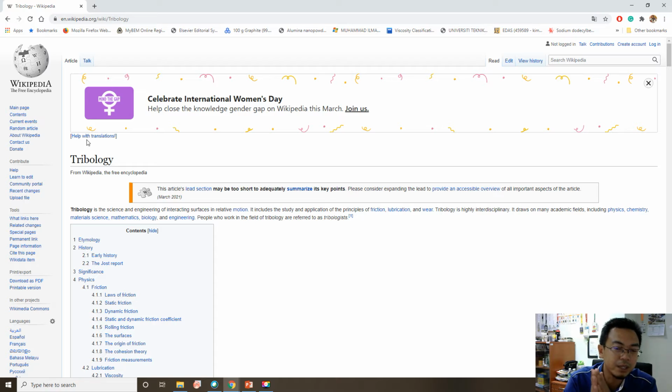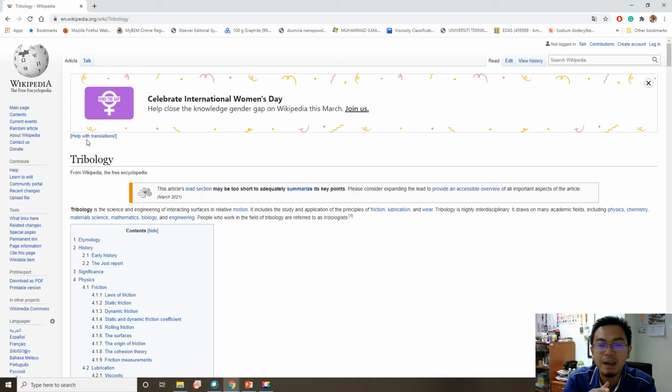According to Wikipedia, there is a lot of information given. So how are we going to summarize it? In terms of tribology, the study is about relative surfaces with relative motion.